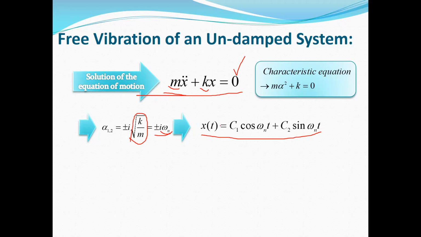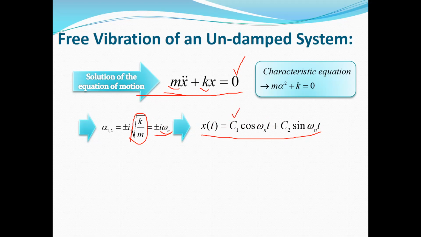So in this term, we will have the exponential of 0, which is equal to 1. So we don't have any real part. Multiplied by C1 times cosine of the imaginary part times t, where the imaginary part is omega n, plus C2 times sine, again the imaginary part, omega n times t. So this is x of t, or the response of this system.